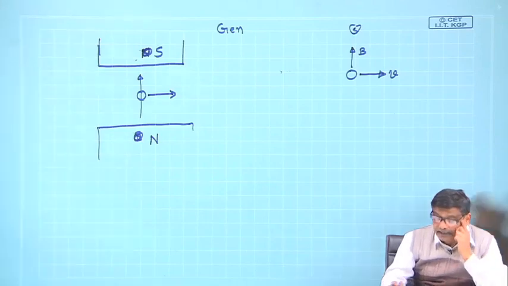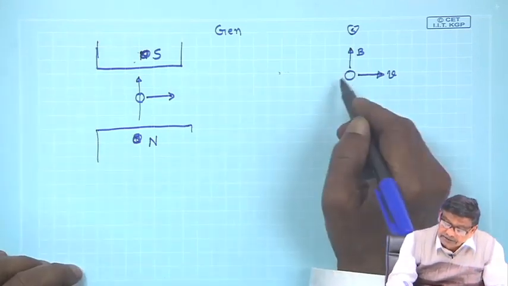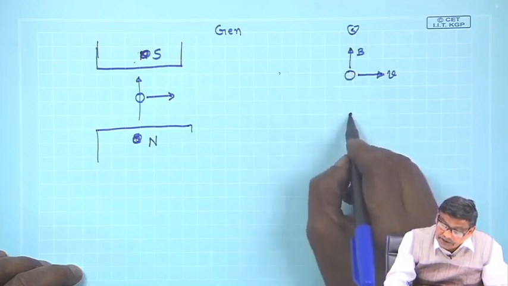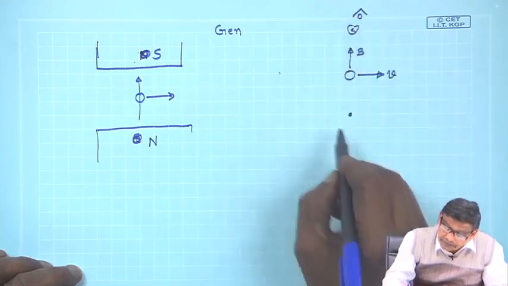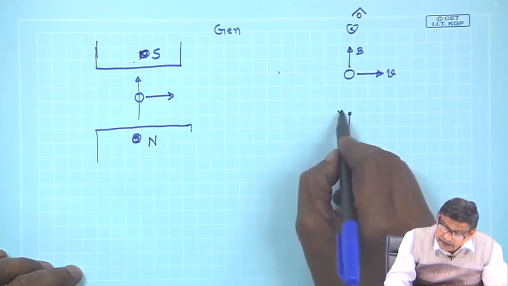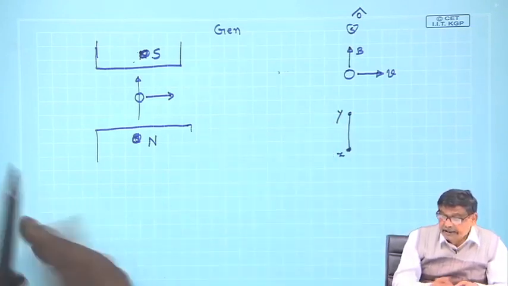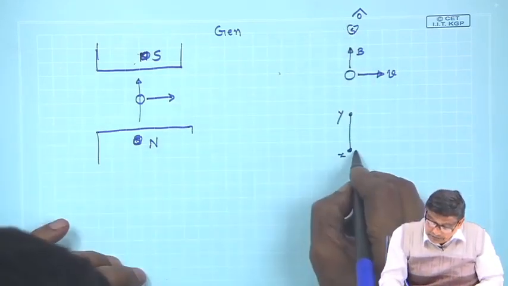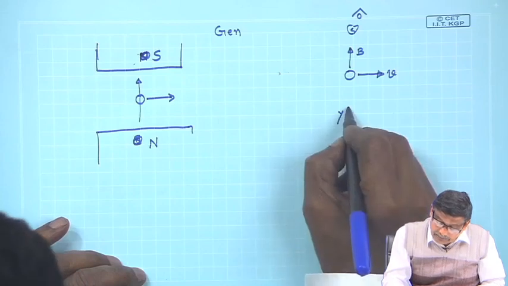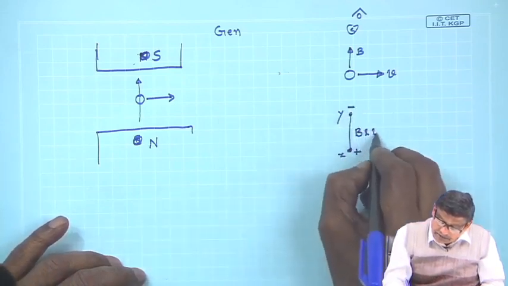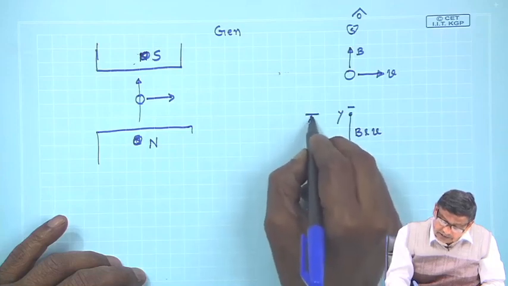Then I know there will be a voltage generated across the two ends of the conductor, which, if you look from the top, can be seen like this, x y. The polarity of the induced voltage, by applying the right hand rule, this will become plus, this will become minus, and the magnitude of the voltage is BLv, where L is the length of the conductor.